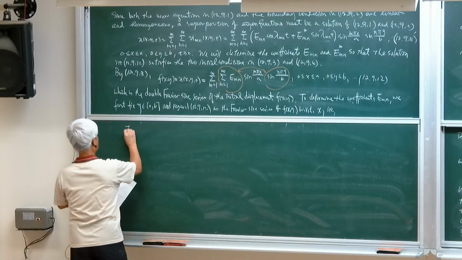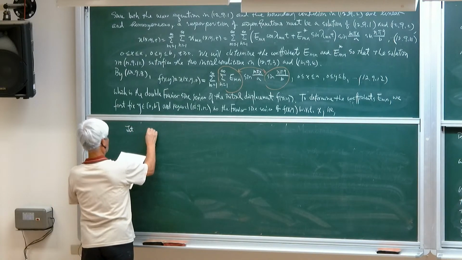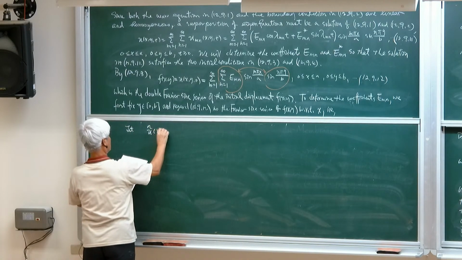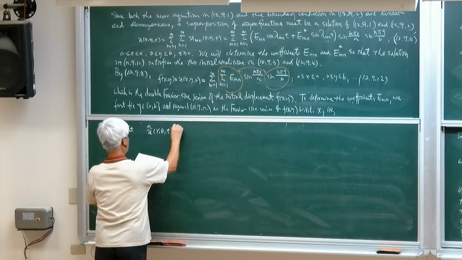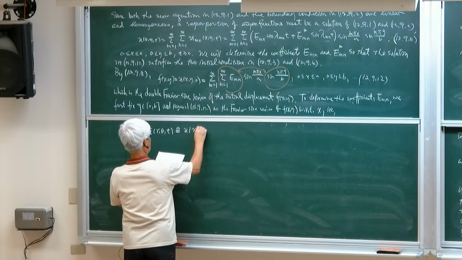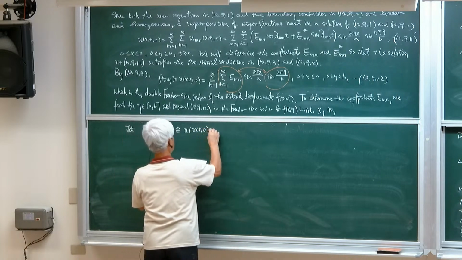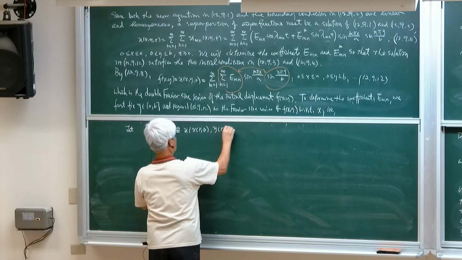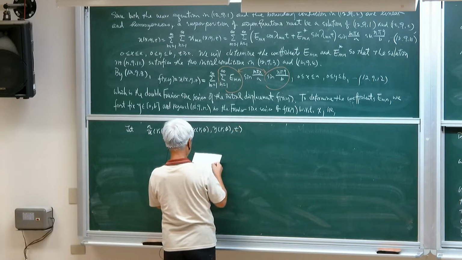Alright, so we let u tilde, I say, be u of x(r, theta), y(r, theta), and t.